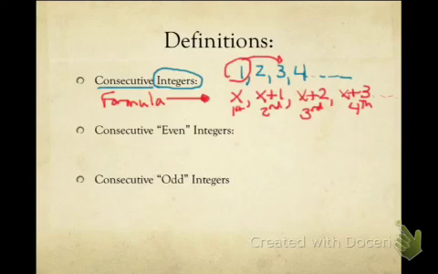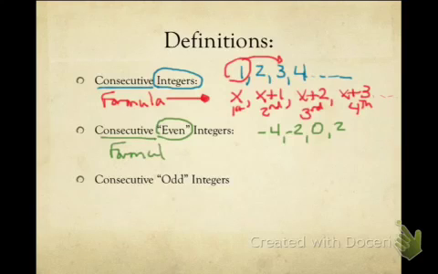So then the next one that we have are consecutive, so numbers in a row, but this time even integers, only the even numbers. And I am going to use some negatives here to show you that though 0 is not positive or negative, it is considered even. So if we look for our formula that we're going to use to represent consecutive even integers, we're going to do the same thing.